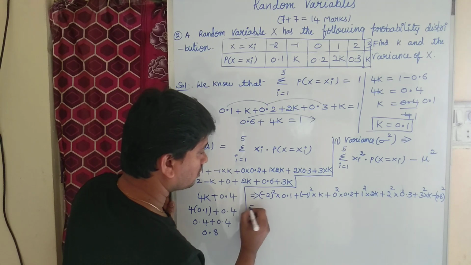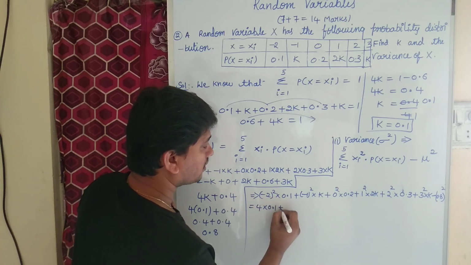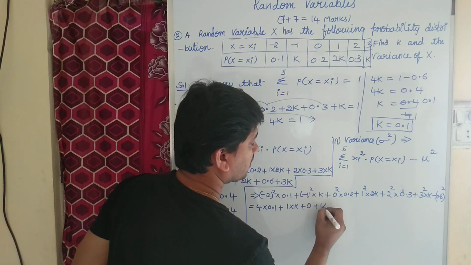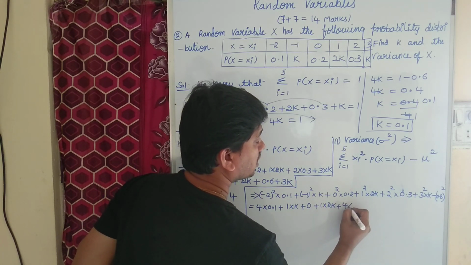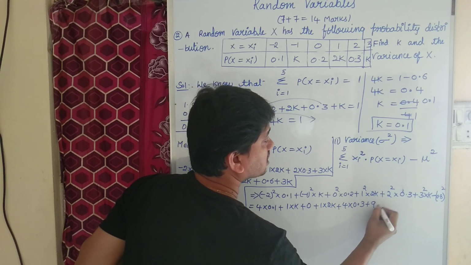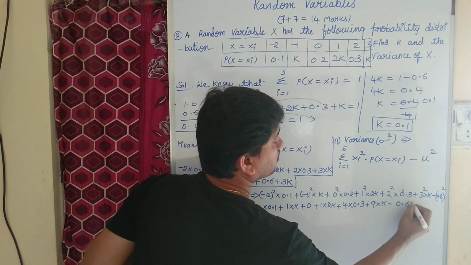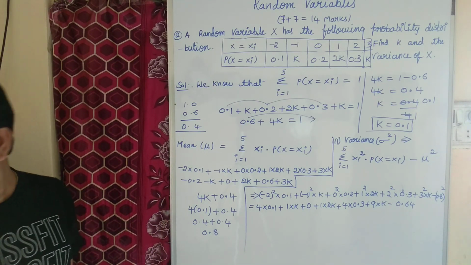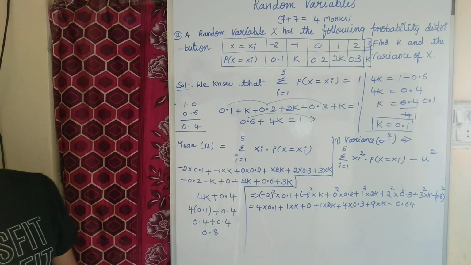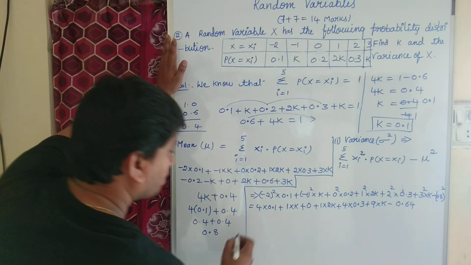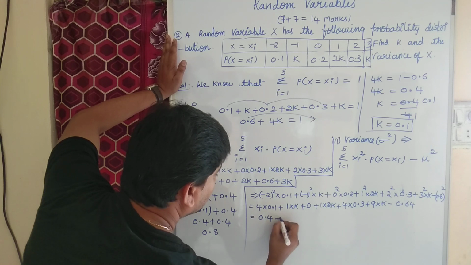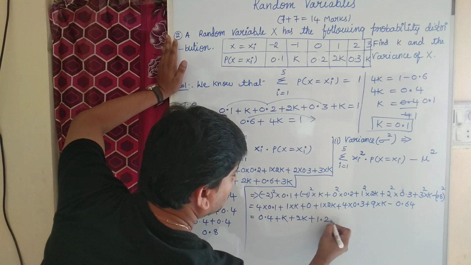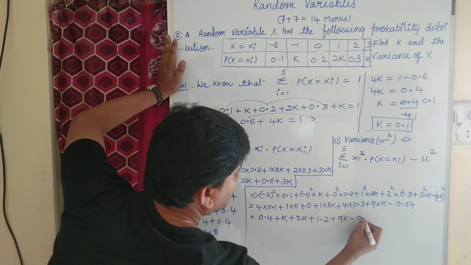2 square means 4. 4 into 0.1. 1 square means 1 into k. 0 means 0 only. 1 square means 1 into 2k. 2 square means 4 into 0.3. 3 square means 9 into k. 0.8 square means 0.64. Right? Is it clear, children? Yes. Now 4 into 0.1, 0.4 plus 1k plus 2k plus 1.2 plus 9k minus 0.64.